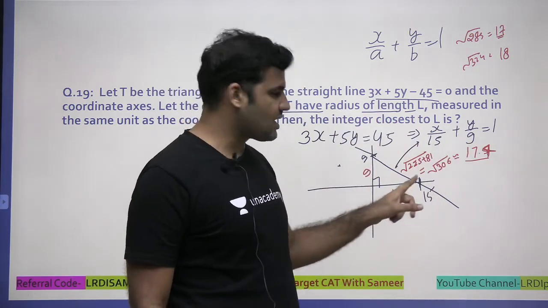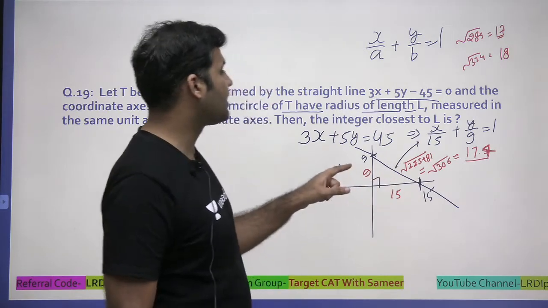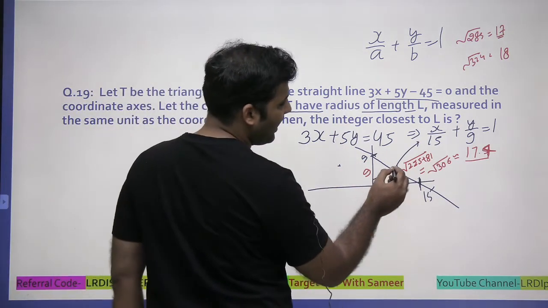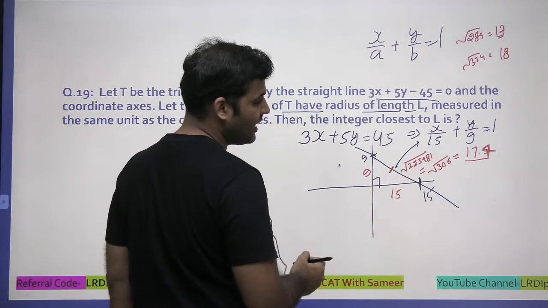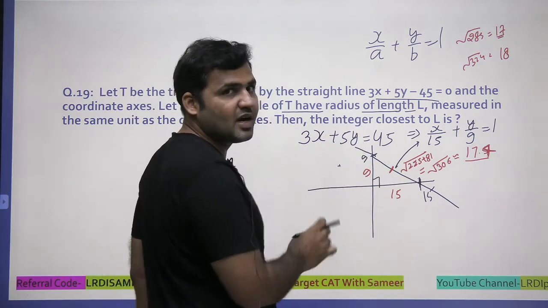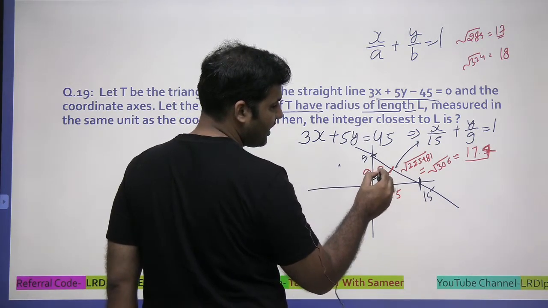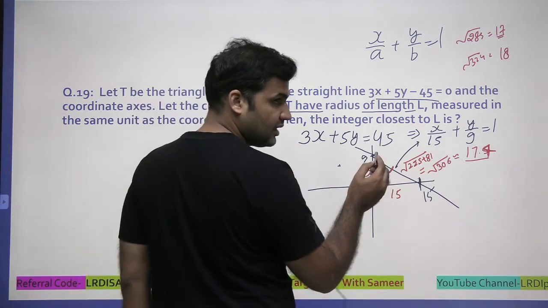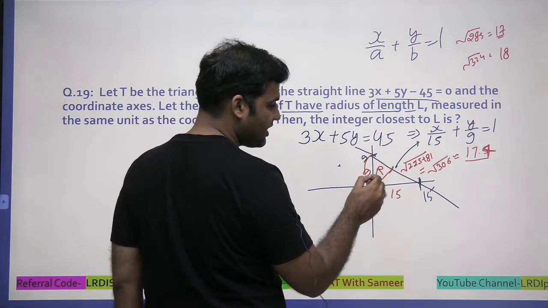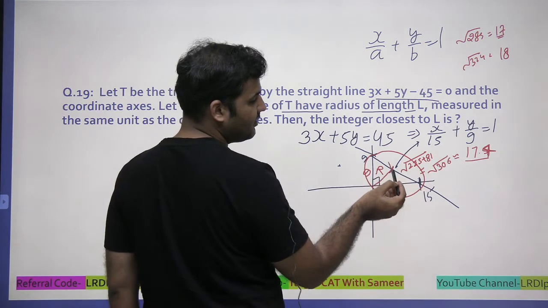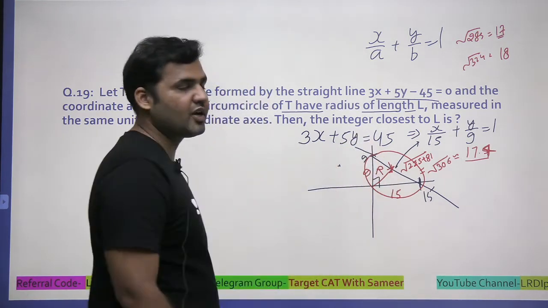Now because this is a right angle triangle and we are supposed to find out the circumradius, the circumradius is nothing but half of the hypotenuse. This is a standard property: in a right angle triangle, the circumradius is half of the hypotenuse, because the circumcenter lies on the midpoint of the hypotenuse.